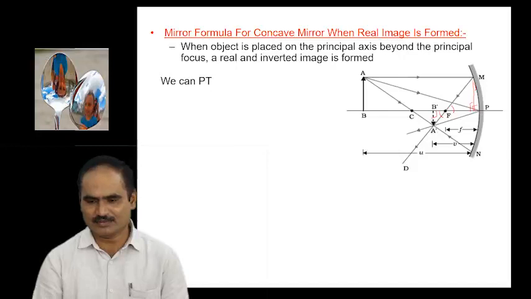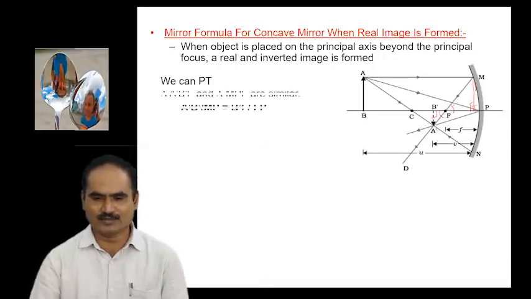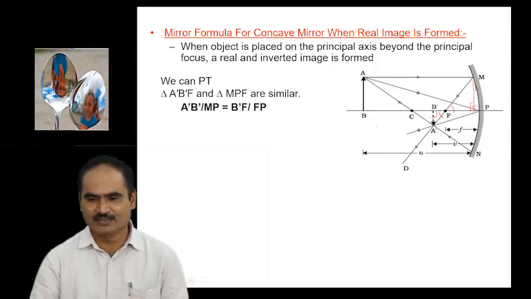This distance is very small because we consider a small aperture. Then once these two angles are equal, obviously the third angle must be equal, and hence these two triangles are similar. So once you prove that these two triangles, A dash B dash F and MPF, are similar, then the corresponding ratios of sides are equal.